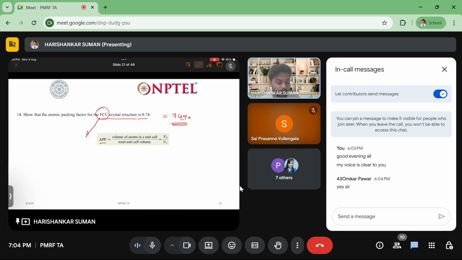How many atoms are in the FCC per unit cell? 8 are corners, and also the 6 faces, and sharing is half.